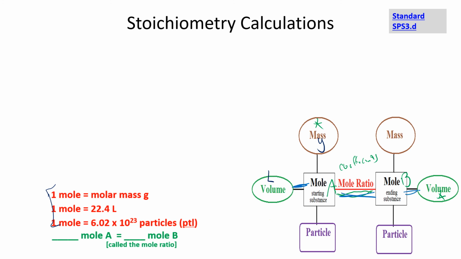The key to the map is whatever you're getting rid of goes on bottom. For me, it's wherever I'm starting. The bottom part of my fraction is whatever you start on.